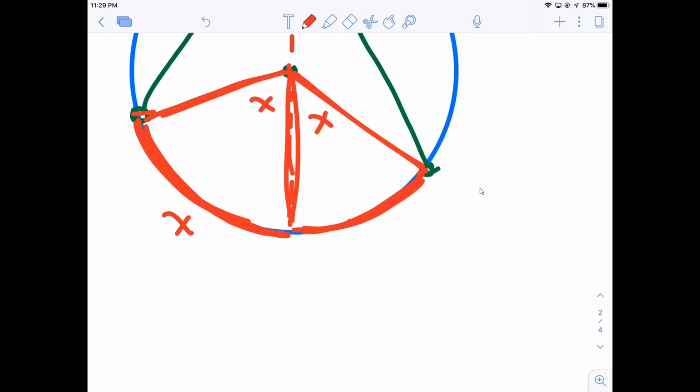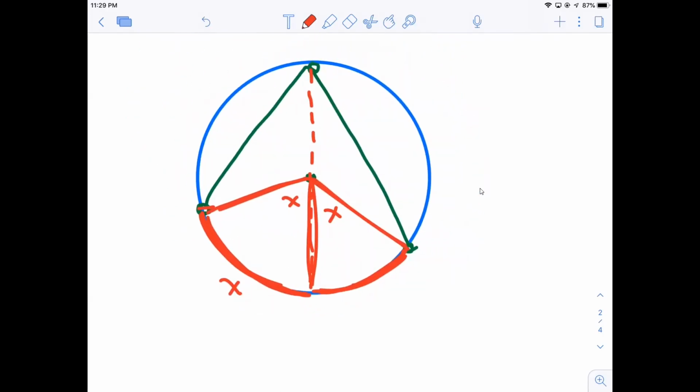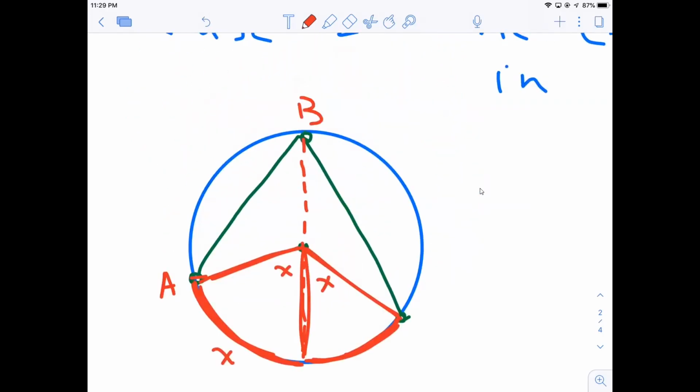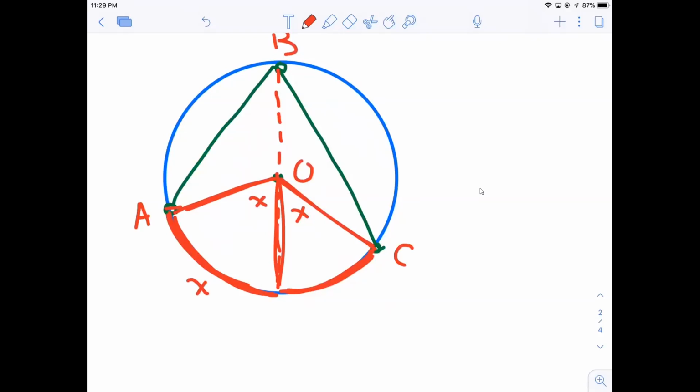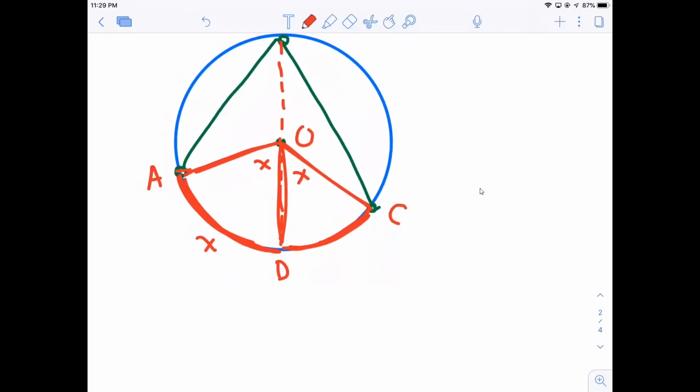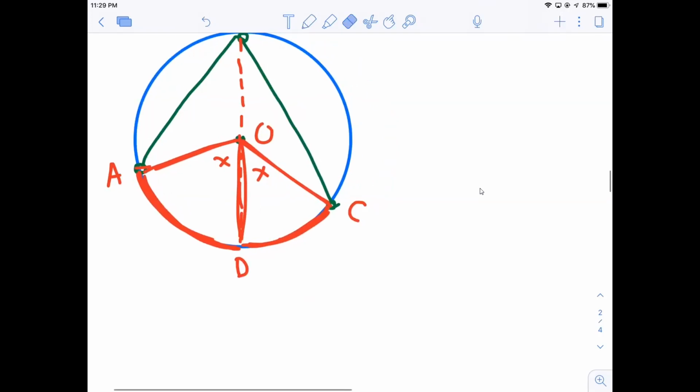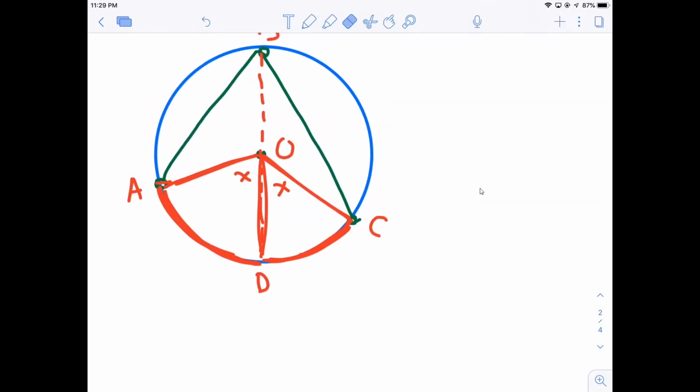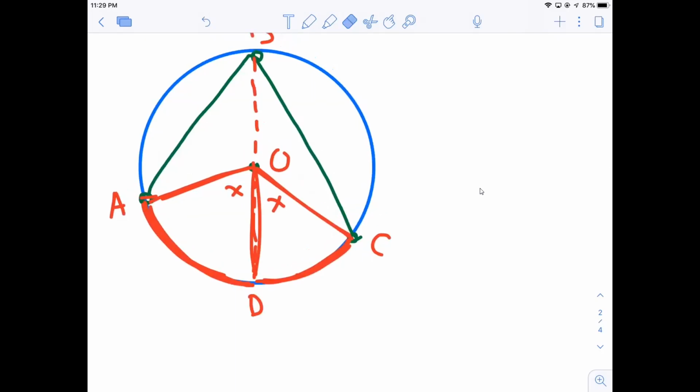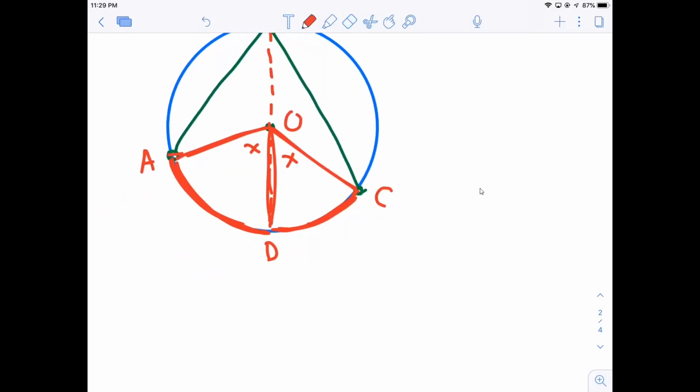Let me introduce some letters to make this easy, and let's call this D. So arc AD has a measure of x degrees. The measure of arc DC has a measure of x degrees.